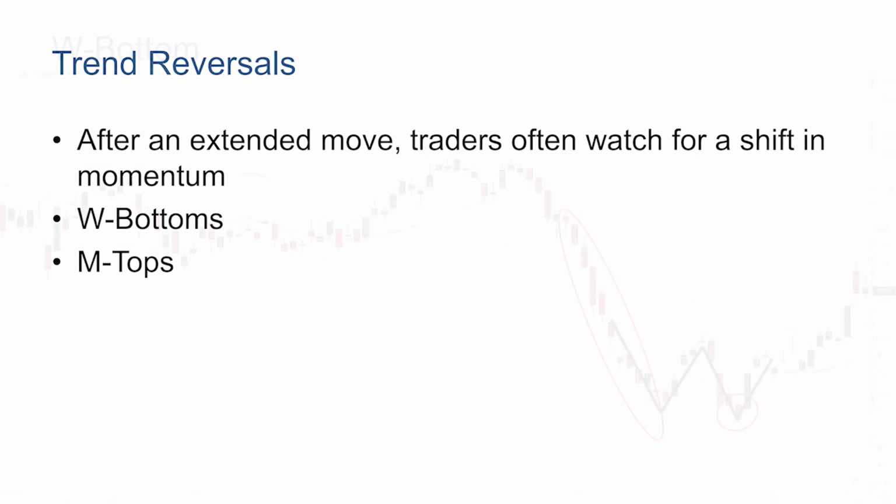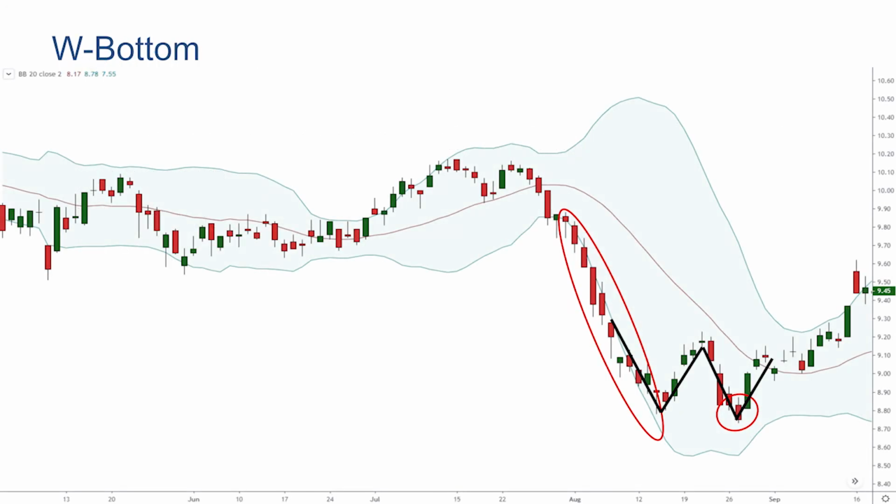And what you can observe when a double bottom is developing, notice here, as the price is leaving the Bollinger Bands and showing extreme momentum, often Bollinger Band traders will wait for the second dip, the right part of the W, where it doesn't touch the Bollinger Band the second go around.